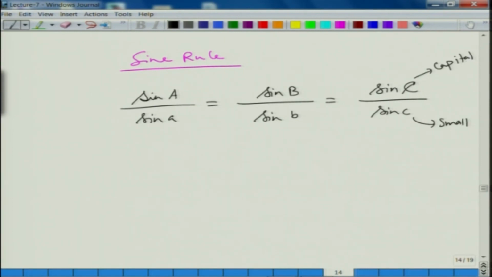Now, here you do not need any explanation, because now you know what sin capital A means, that is the surface angle, and small a is the central angle. Okay. So, let me just write that again, so that no confusion persists. These are surface angles and a, b and small c are central angles.